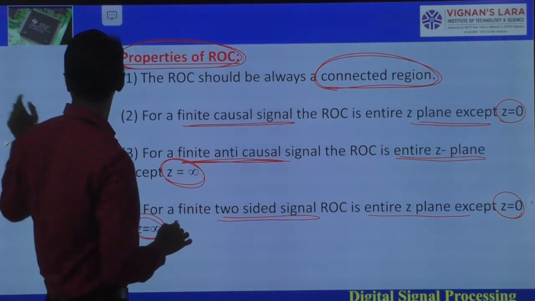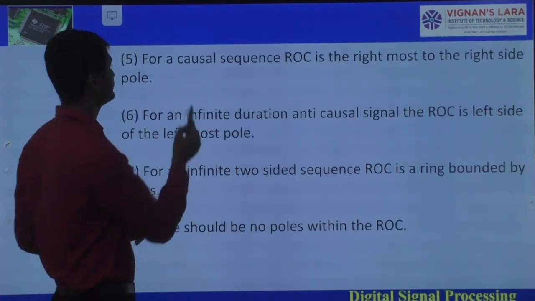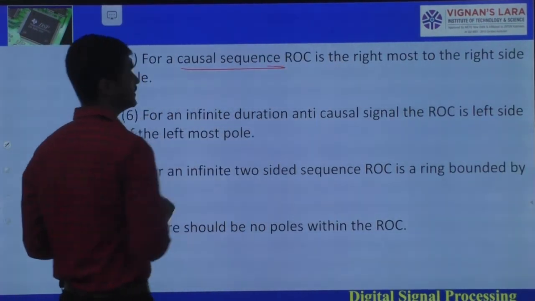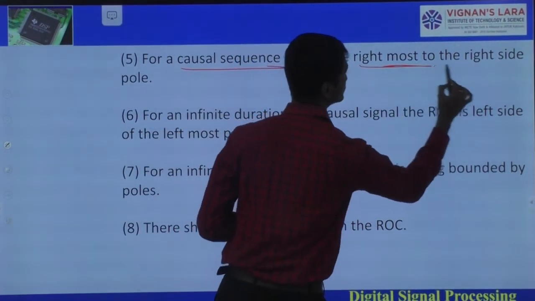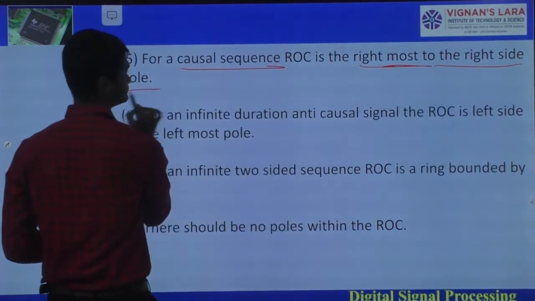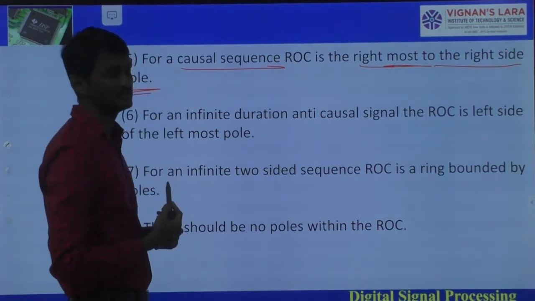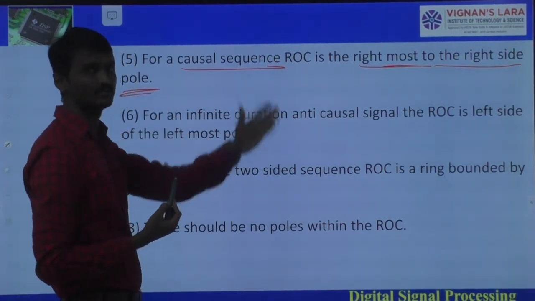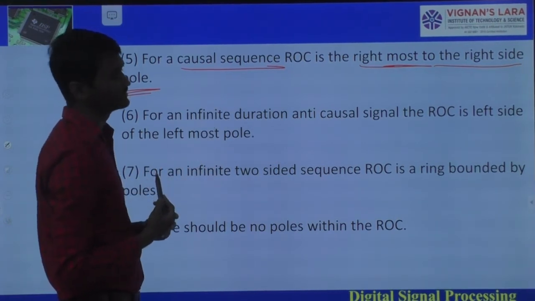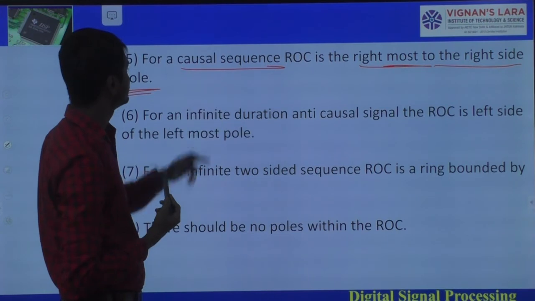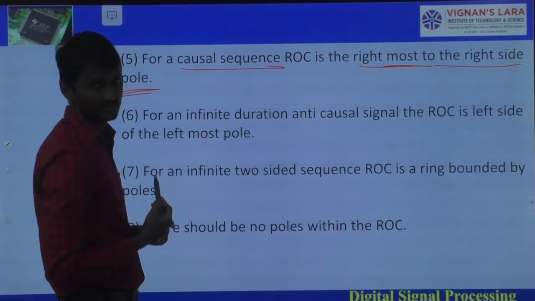Next, for a causal sequence, the ROC is to the right of the rightmost pole. We know poles and zeros, so the ROC is outside the rightmost pole if the sequence is causal.